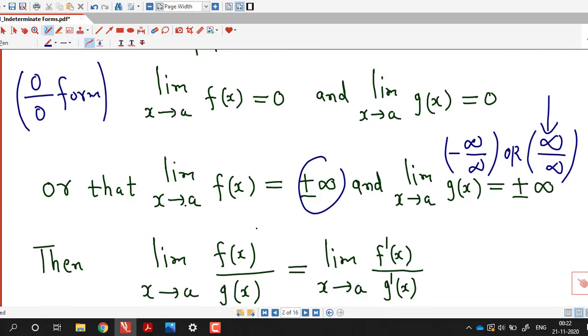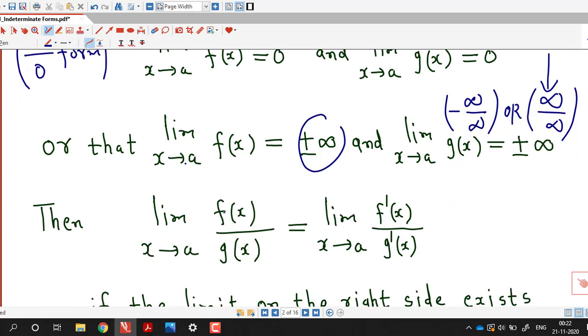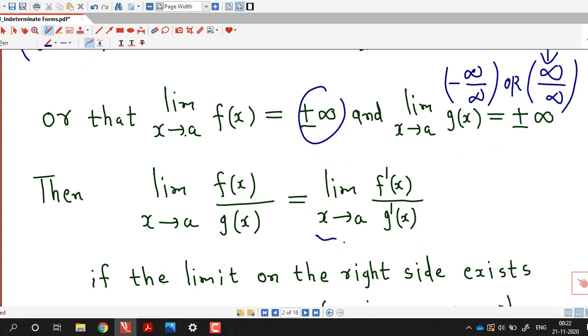So in both the cases, the limit of f(x) over g(x) is nothing but the limit of the derivative of f(x) divided by the derivative of g(x) as x approaches a, provided the limit on this right hand side exists. If this limit exists, then it is the value of this limit.